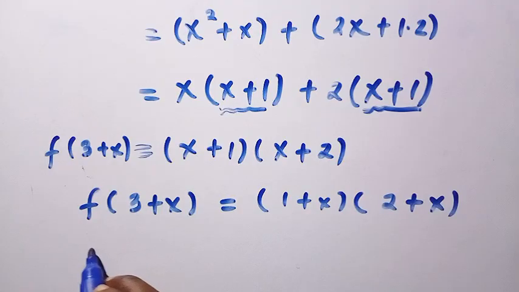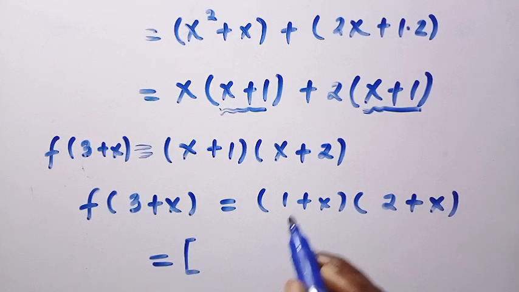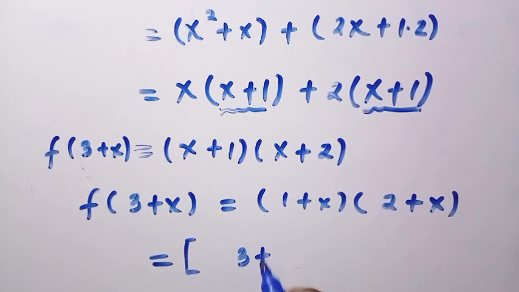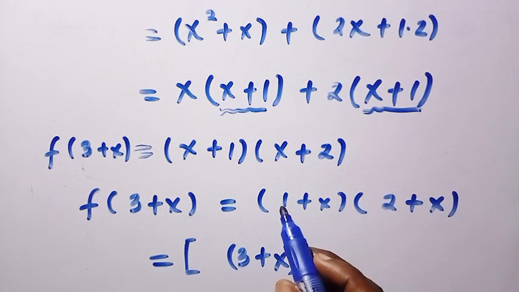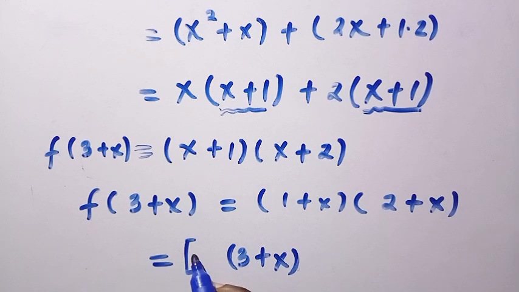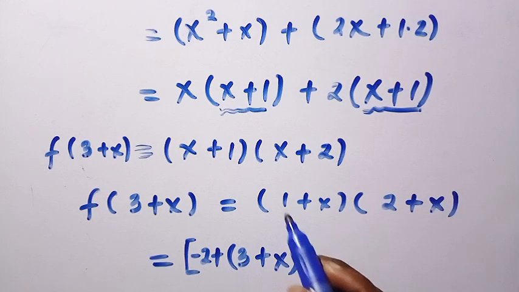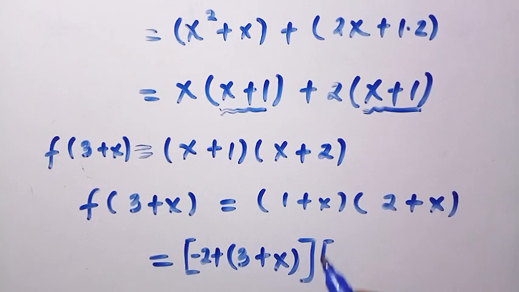If I remanipulate this, here we are going to have 3 plus x in bracket, or initially it was 1. Therefore, I need to subtract 2 here. So if I say minus 2 plus 3, that gives us plus 1. And also this as well. If I say 3 plus x, I put this in bracket.